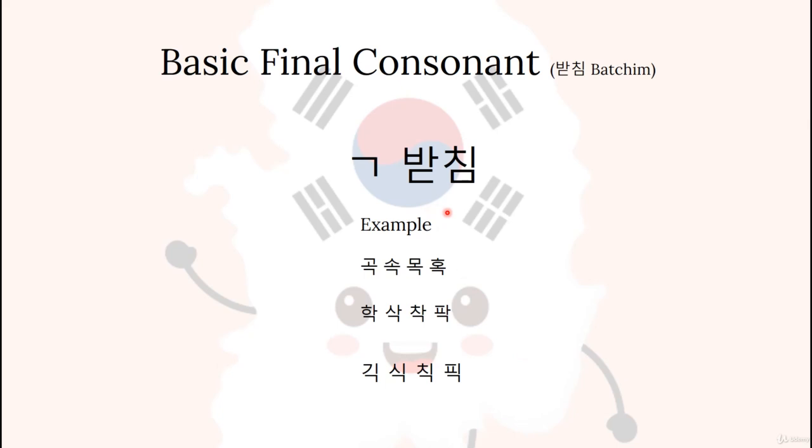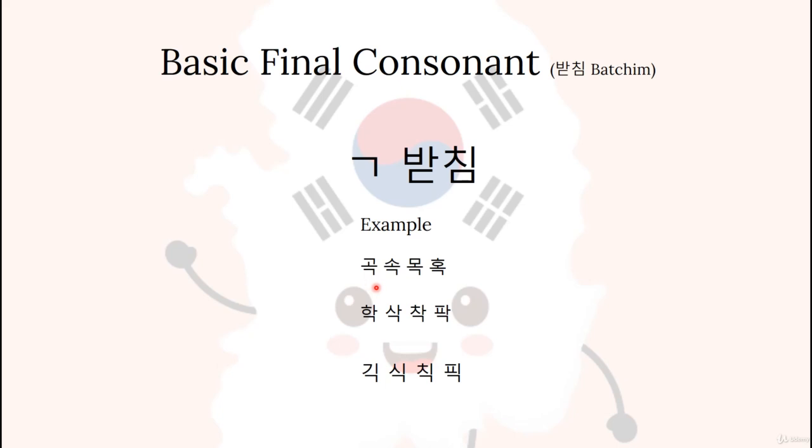For example, the first letter here, 곡, is 고 and the g, the final consonant, on the bottom. So it becomes 곡, not 고그. It's 곡. So you have to drop the G sound at the end.